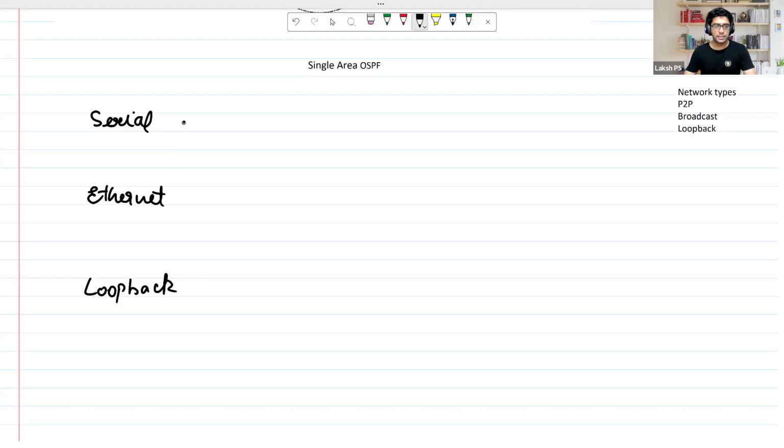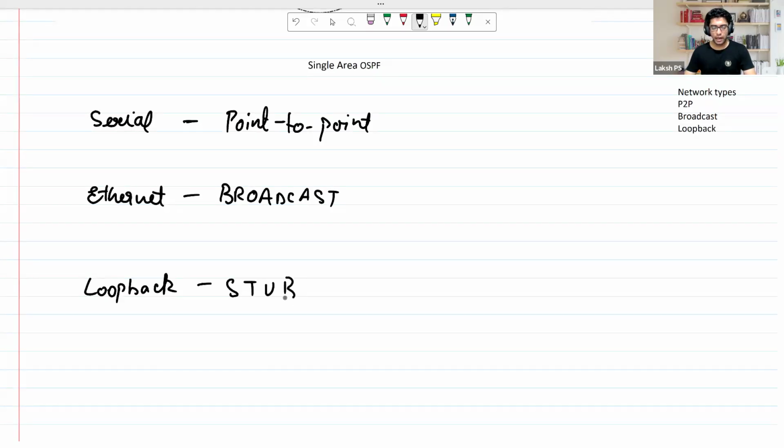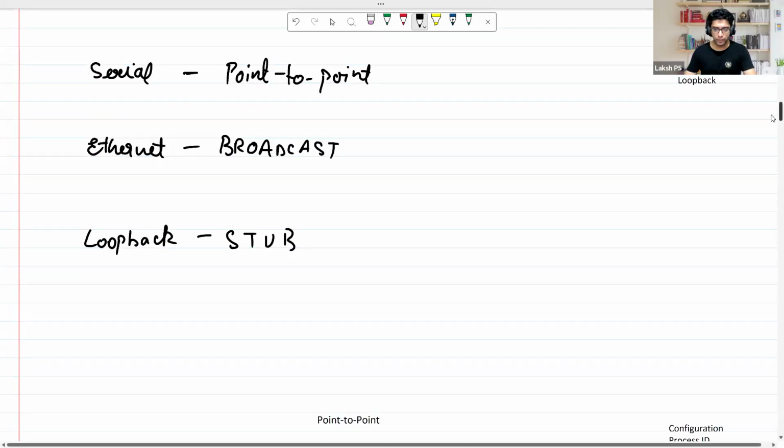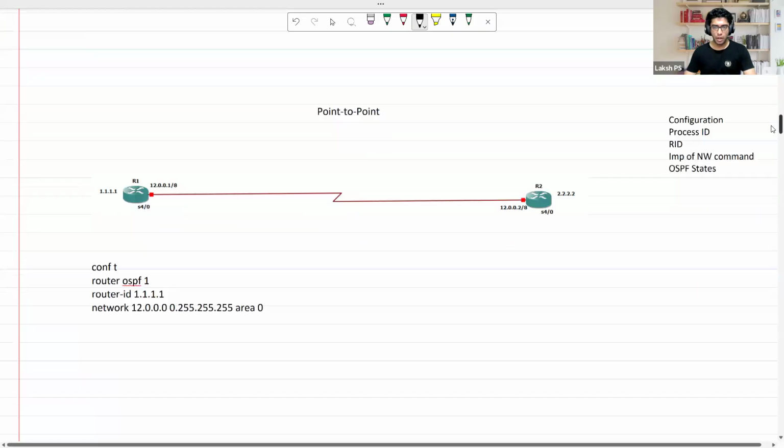So OSPF considers serial interface as point to point, okay, and Ethernet interfaces as broadcast, and loopbacks as stub, meaning it's a terminal. A terminal meaning the network is ending there. So we had discussed this yesterday, and I'm not going to dive more into it. Okay, so let's move to the next part.